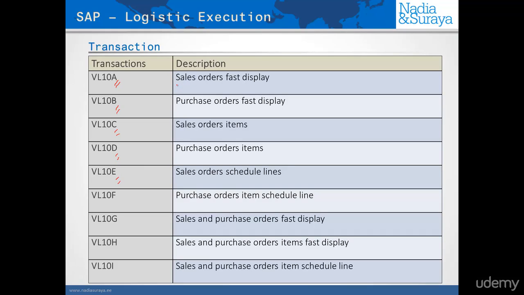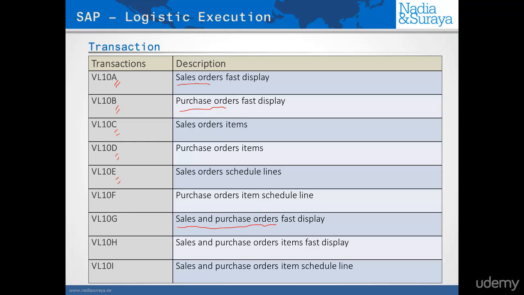Each one represents the creation of deliveries based on sales orders, purchase orders and so forth. For example, in G you can create deliveries based on sales orders or stock transport orders, which are purchase orders, and you as a user decide which one you want to use. Let's say you only want to create deliveries based on sales orders, you use VL10A. If you only want to create deliveries based on stock transport orders, you use transaction VL10B.